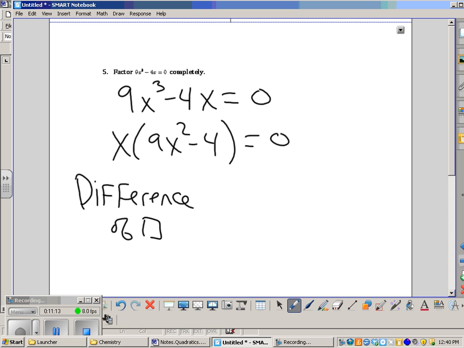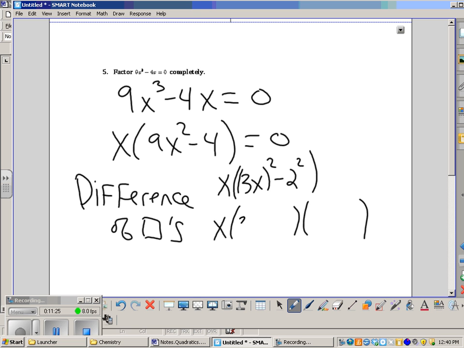This is 3x squared minus 2 squared. So the difference of squares is going to be 3x minus 2, 3x plus 2. Done.